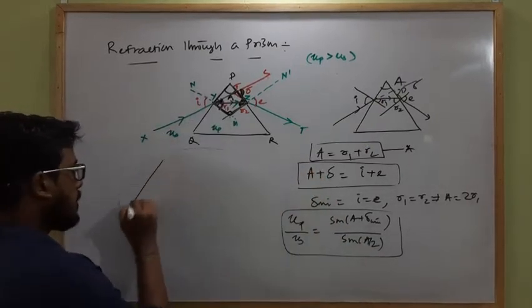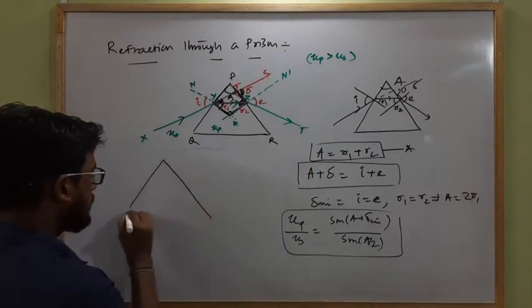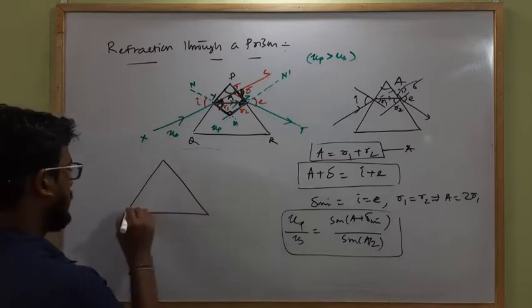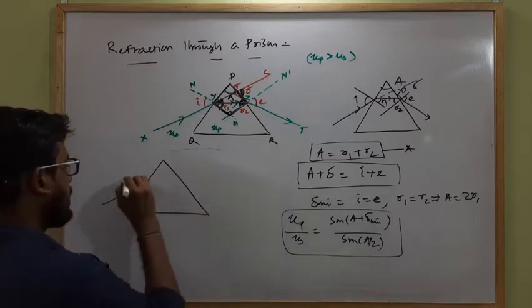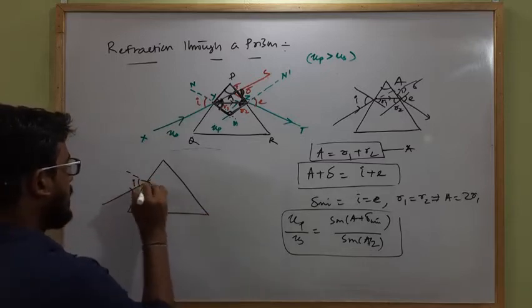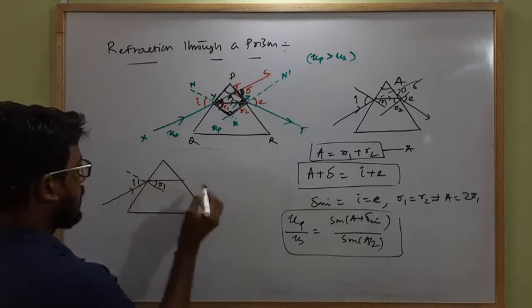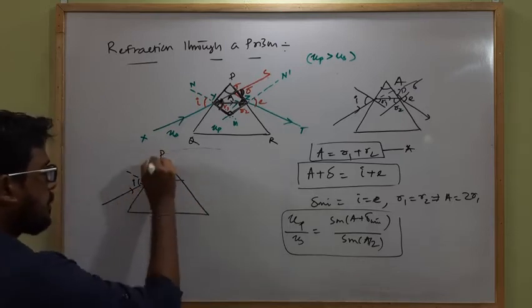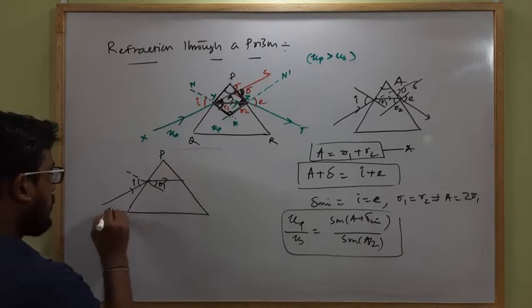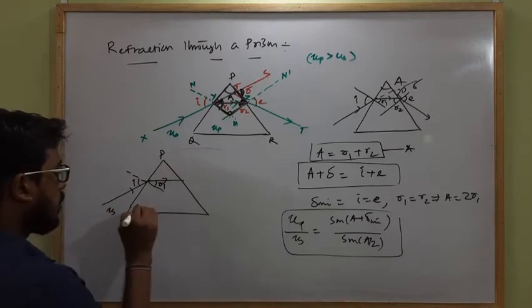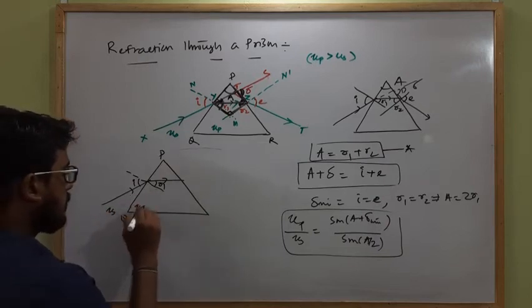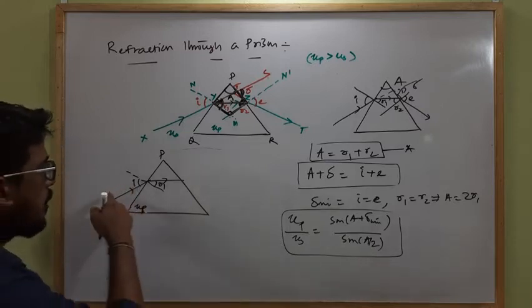But in case of prism, if light is incident along this direction, so for I, this will be R1. So at this surface PQ, the light goes from rarer medium to denser medium. Clear? So there will be no issue.